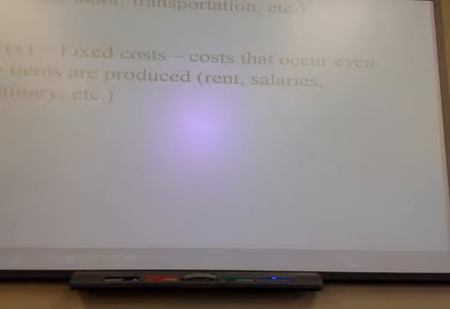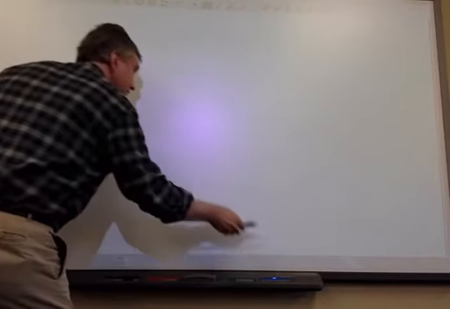So if we simultaneously were to start working number 18 on page 85, let's start with the cost function. Look at what 18 says. A manufacturer has a monthly fixed cost of $100,000 and a production cost of $14 for each unit produced. Part A says, what's the cost function?